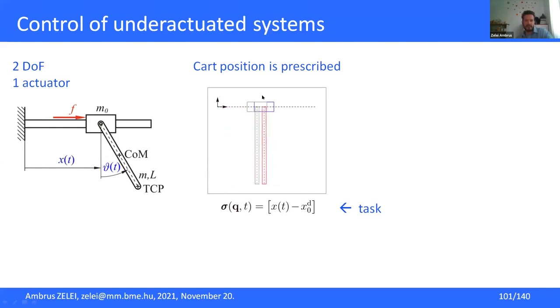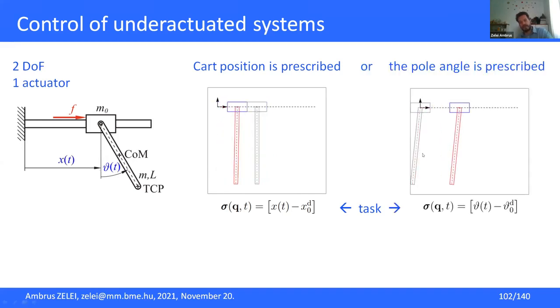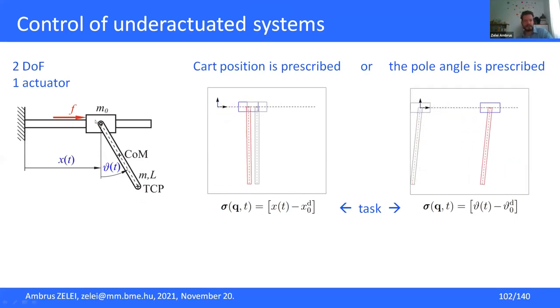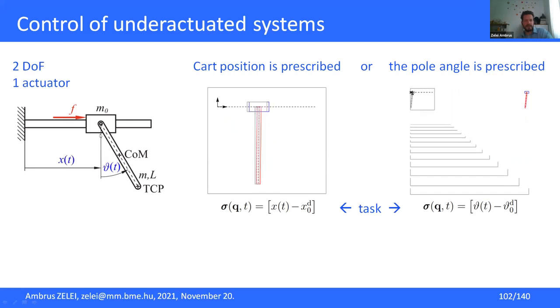So if I'm controlling x, I cannot do anything with the other degree of freedom. Or let's say that I'm trying to deal with the angle of the pole. You can easily check the equations or just simulate in your head that you will have a certain static angle if you have a constant acceleration of the cart in the sideways direction.